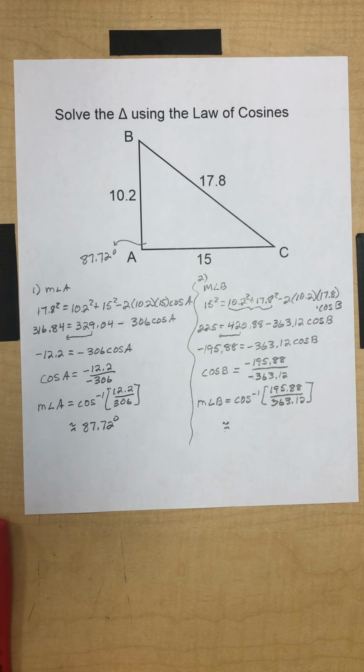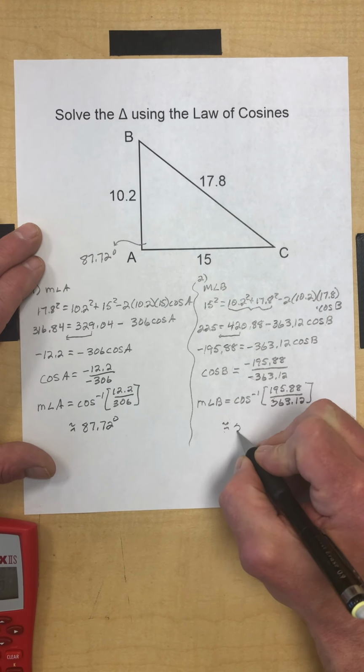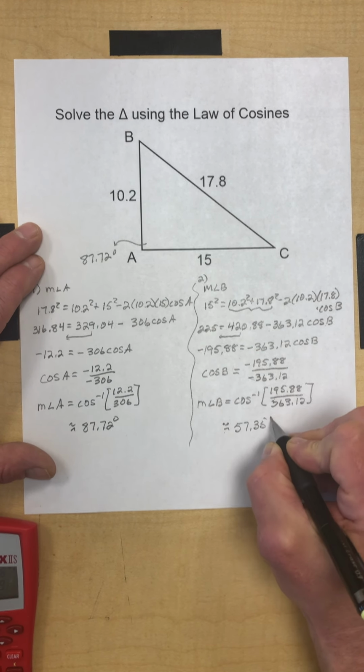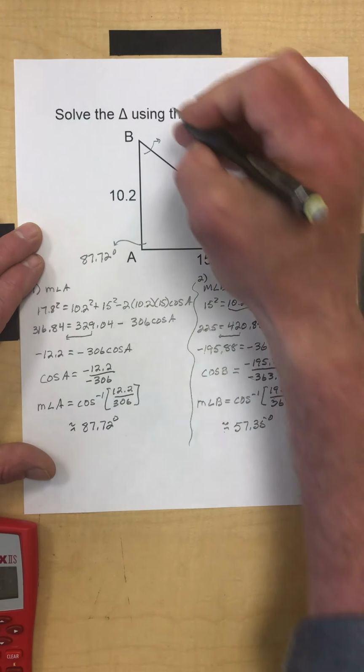So let's see, second cosine inverse, 195.88 divided by 363.12. And I am getting 57.35 pesos. Okay, so this guy right here, 57.35.